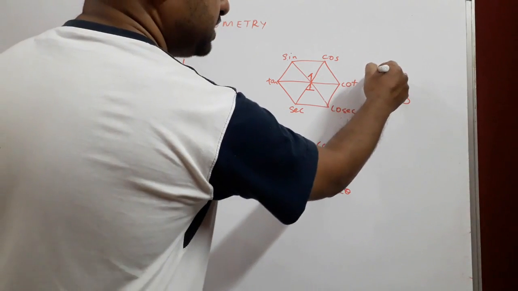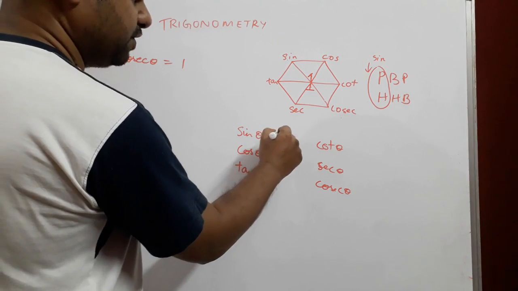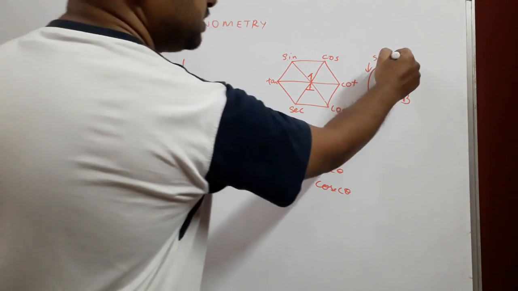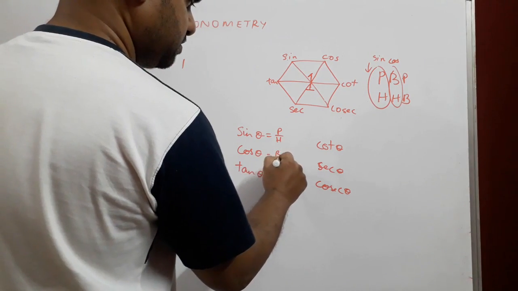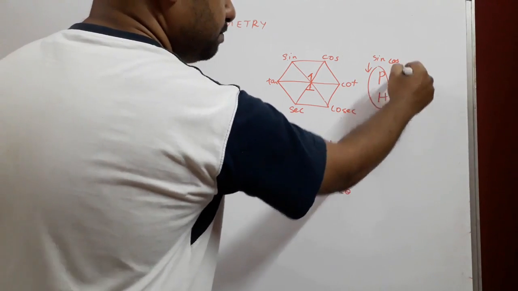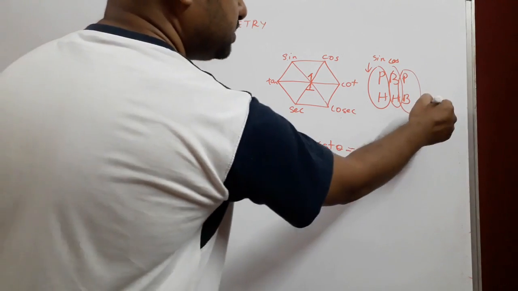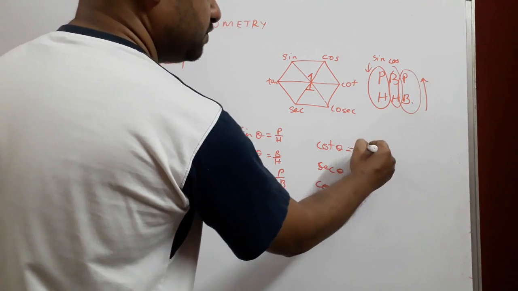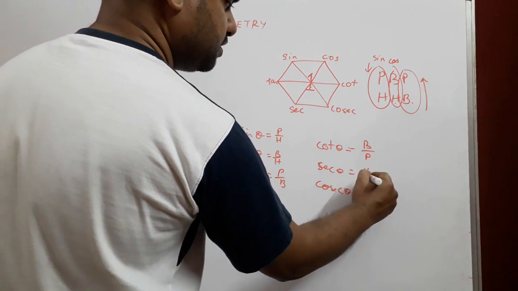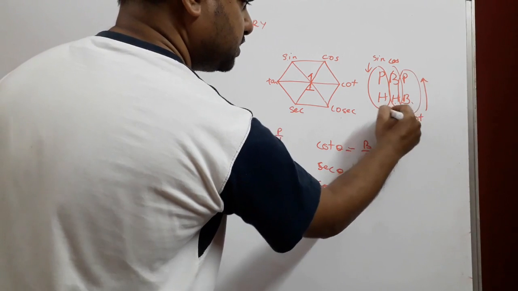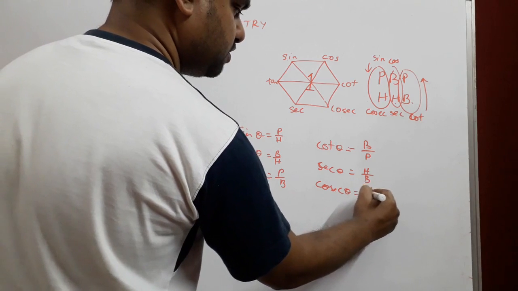So this is our sine, P upon H going downwards, right? So we'll write over here P upon H. What is cos? B upon H. What is tan? P upon B. Now what is cot? Cot is going the reverse way from bottom to top, which is B upon P. Sec is H upon B, and this will be cosec, H upon P.